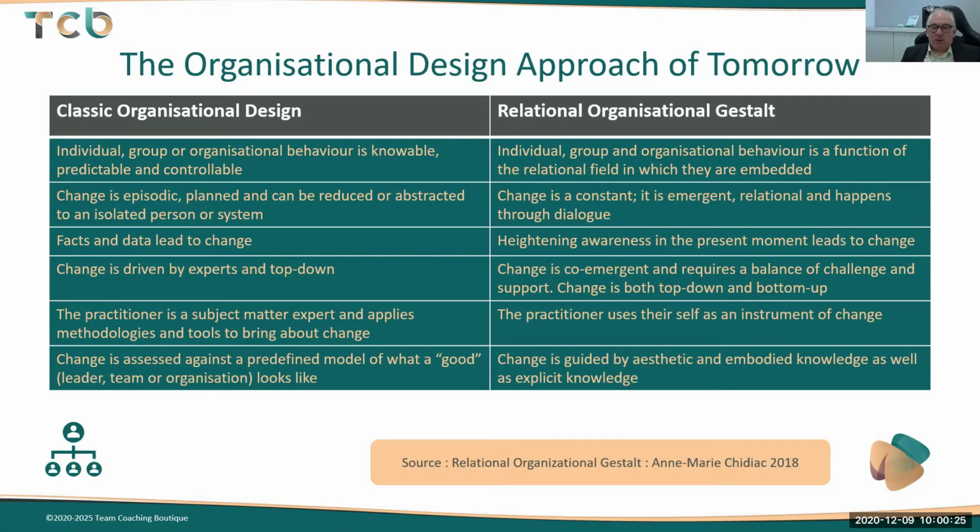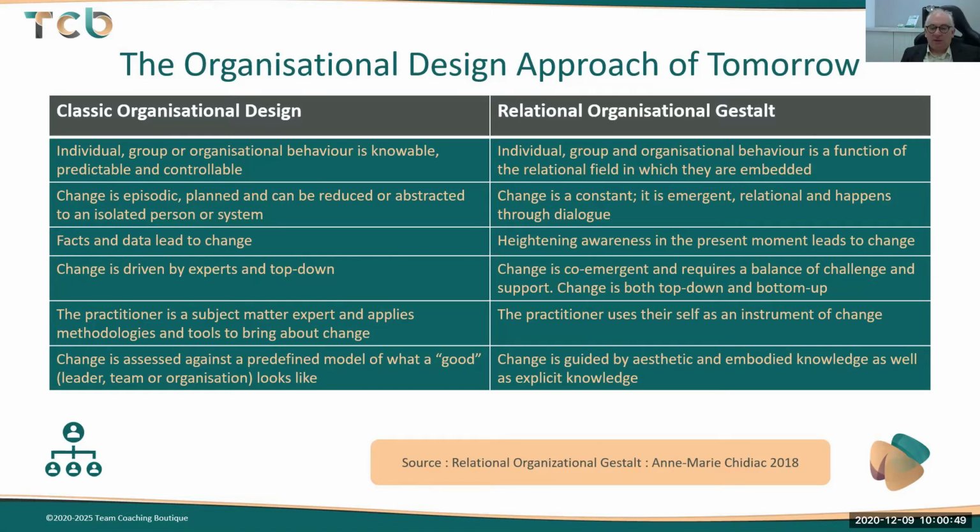This is changing now, and we're seeing it already, that as people get more and more engaged in the organization of the future, right? The individual or group form is a function of the relationship. It's emergent, as we talked about before. It's about heightening awareness, right? The practitioner, in which case here this means the coach, is using their self as an instrument of change.